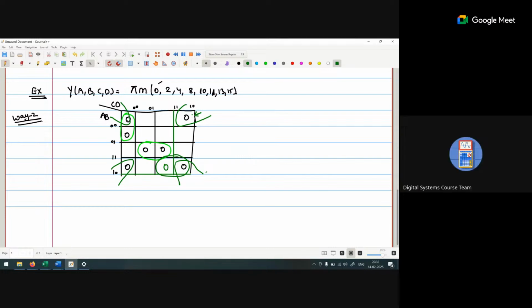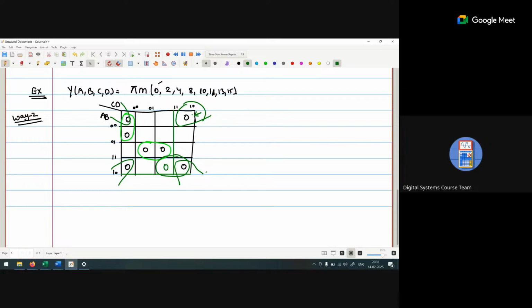So the thing is that our first priority is to increase the size of grouping. If you see that the corners are available and you select only one as a group, your answer will be incorrect.